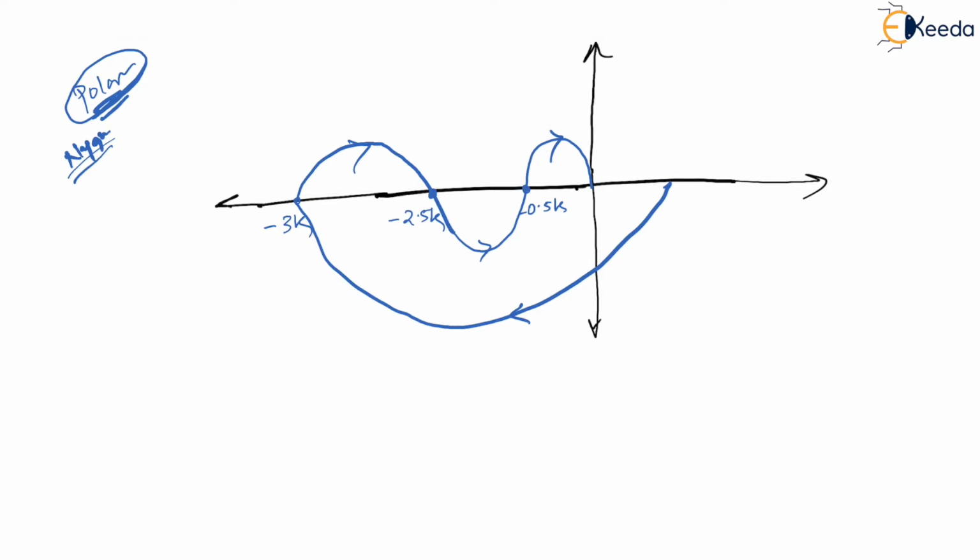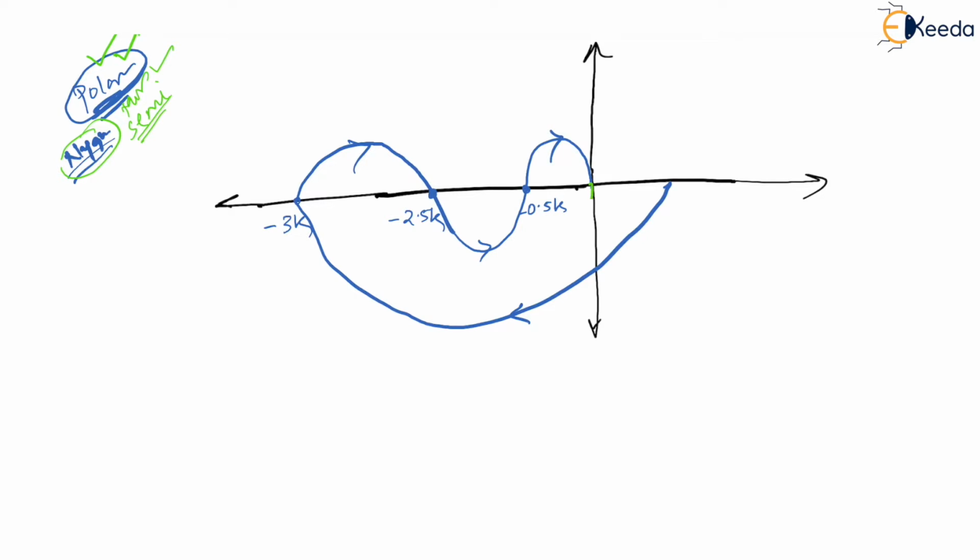So what are the steps to plot this Nyquist plot? Step 1 is to find the polar plot. Step 2 is to find the mirror image, and step 3 is to find the semicircles. Is that right? So the first is already available with us. Second step is the mirror image. So how do you get that?